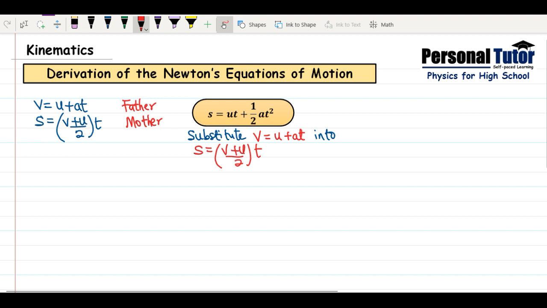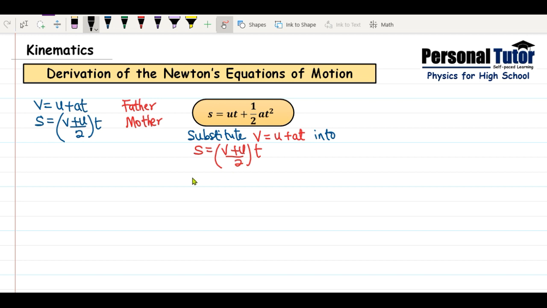That was achieved when v equals u plus at, being the father equation, was substituted into the mother equation s equals v plus u over 2 times t. Meaning, the place of v in the mother equation will be replaced with u plus at.